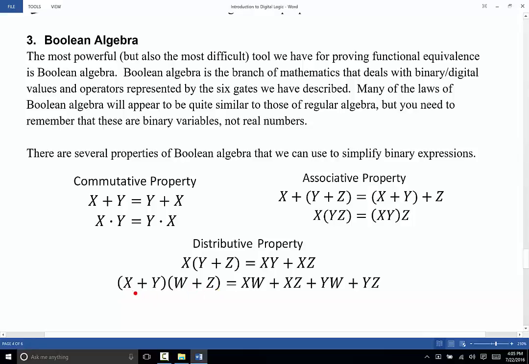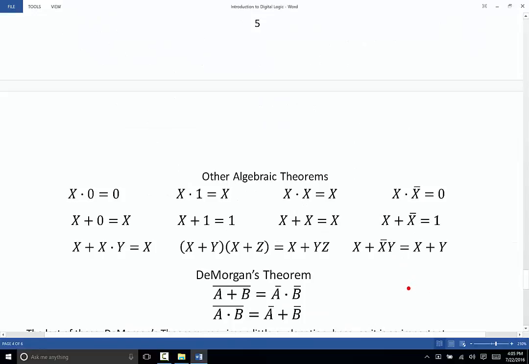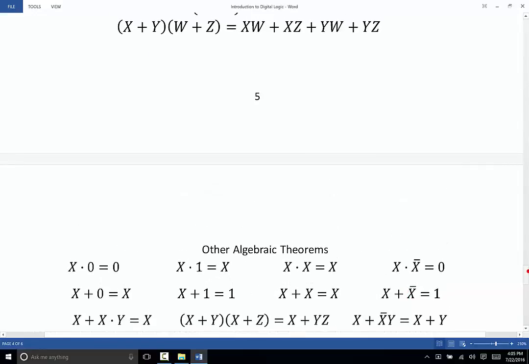So you can see that if we have the quantity X or Y and the quantity W or Z, we end up with four terms, which is each of those four possible combinations. So the distributive property allows us to take a complicated but compact expression and make it into a longer expression that has simpler terms.